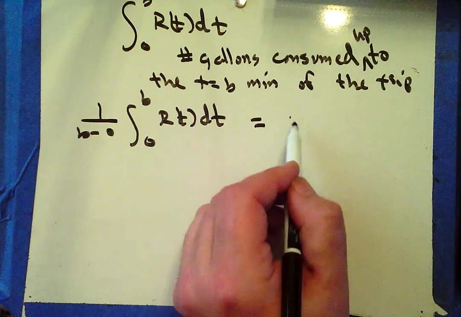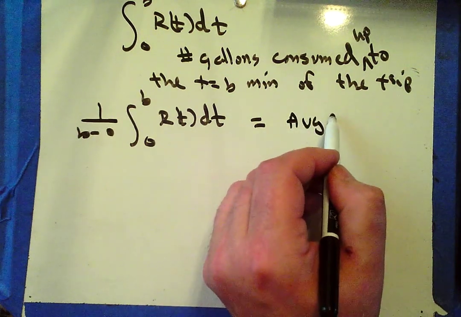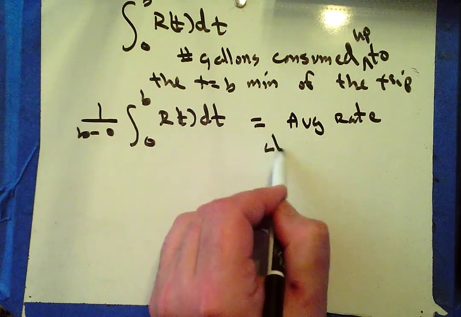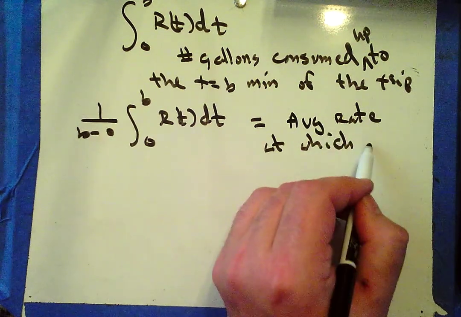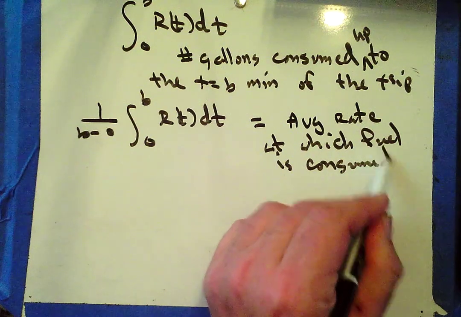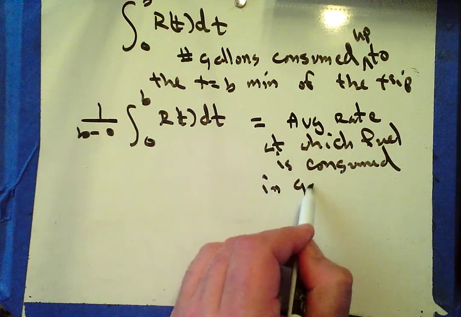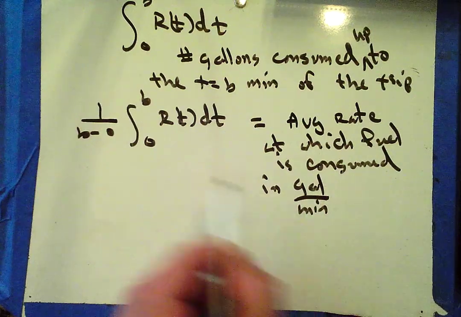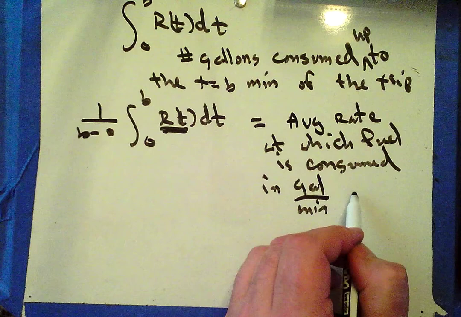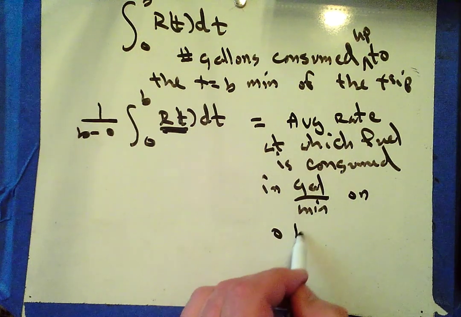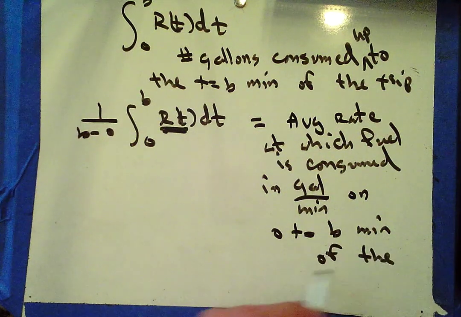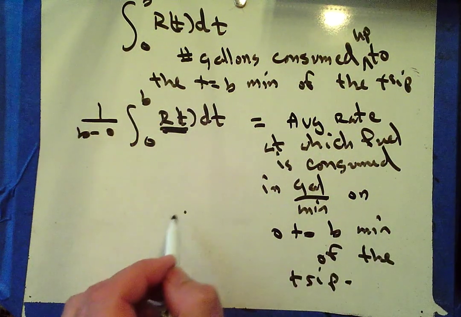And so this is going to be the average rate at which fuel is consumed in gallons per minute. It's the average value of the gallons per minute function on 0 to b minutes of the trip.